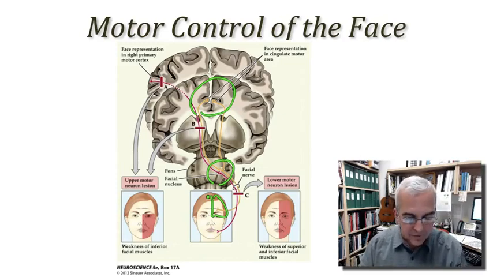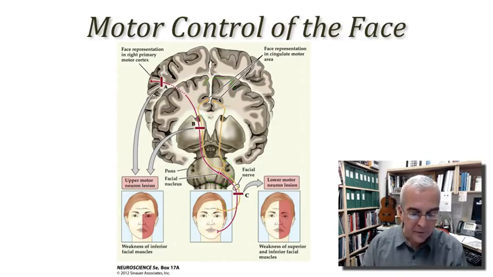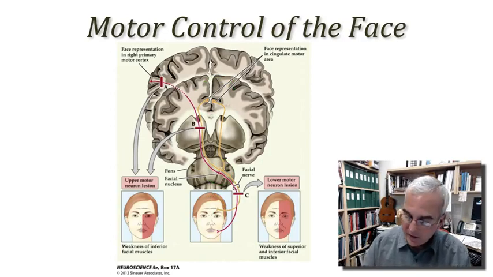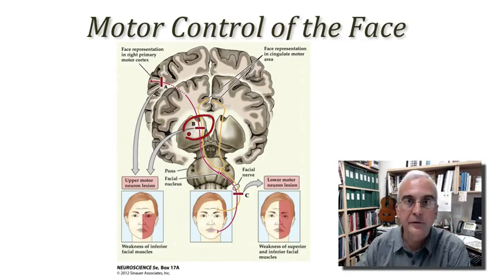Now, also shown in this figure, just for completion, is what would happen with lesions that are deeper and more peripheral than a stroke involving the cortex. So notice, for example, the lesion illustrated by this letter B. This would be a stroke involving the white matter of the internal capsule.